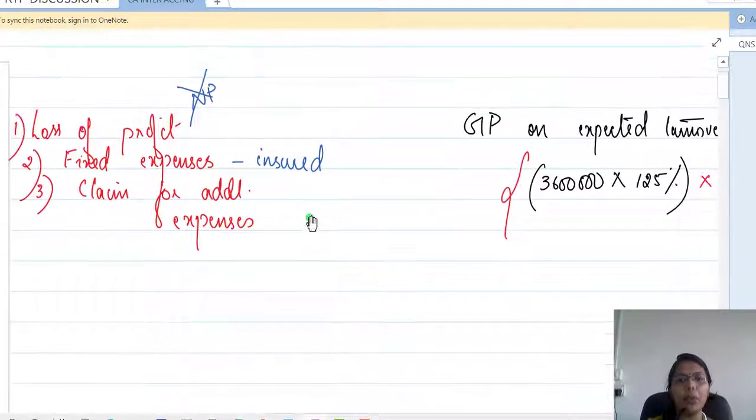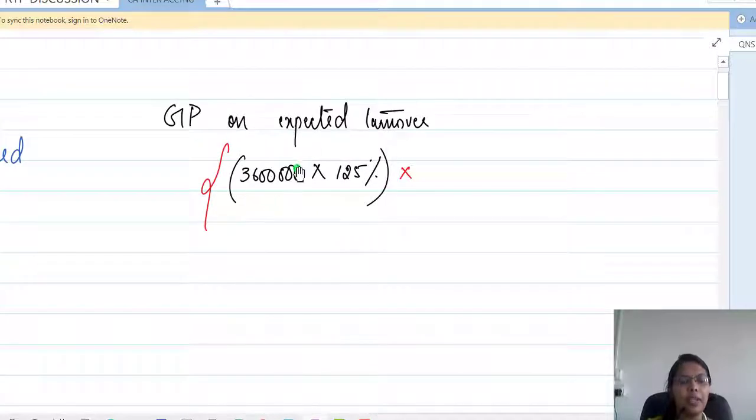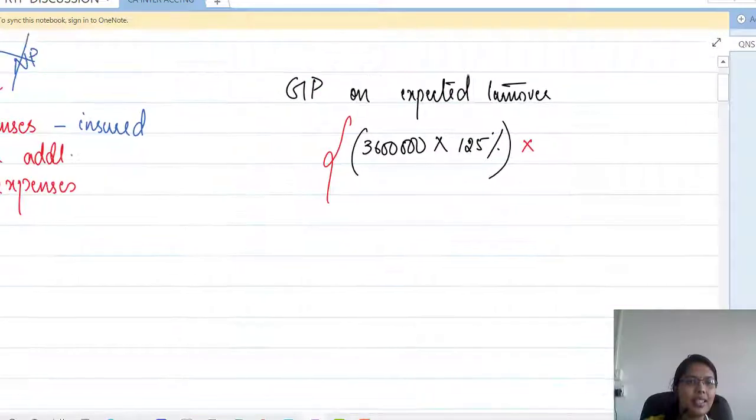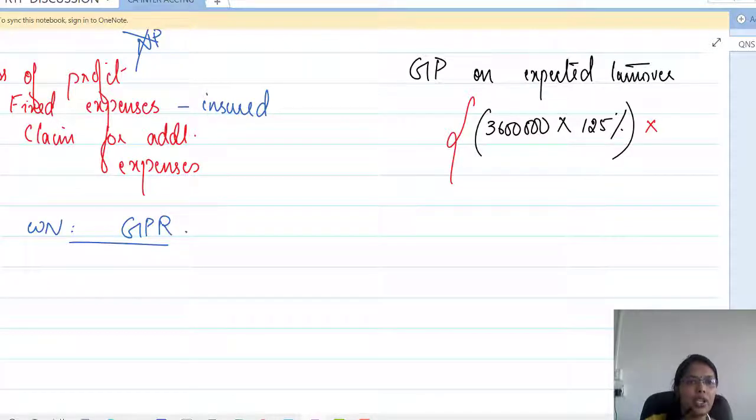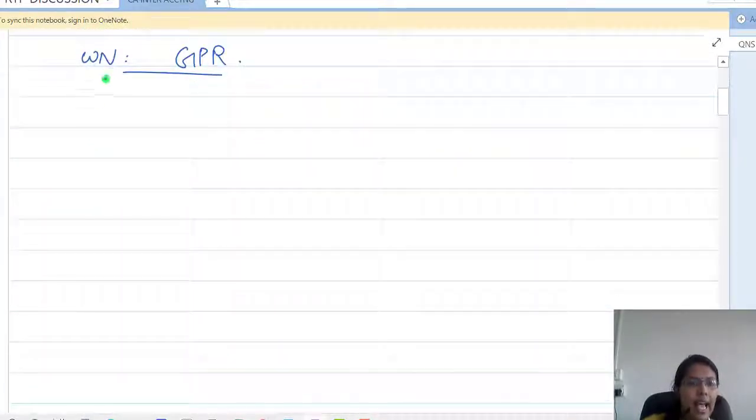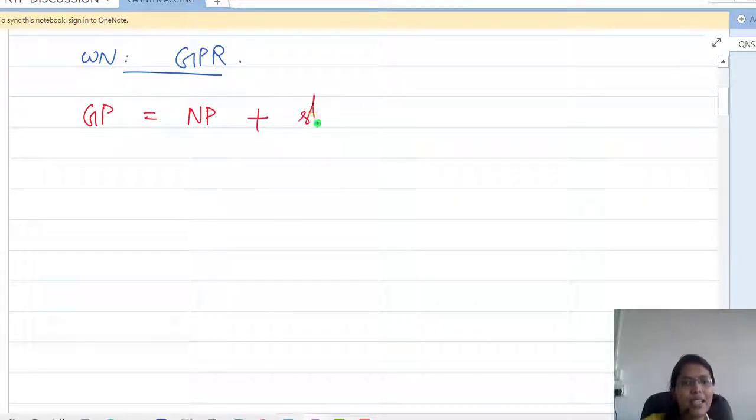So how do we compute the gross profit percentage on this turnover in this business? For that, let us take up a working note quickly. Gross profit ratio computation. As we study the claim steps under loss of profit policy, we know that gross profit is redefined as net profit plus insured standing charges, not just standing charges.